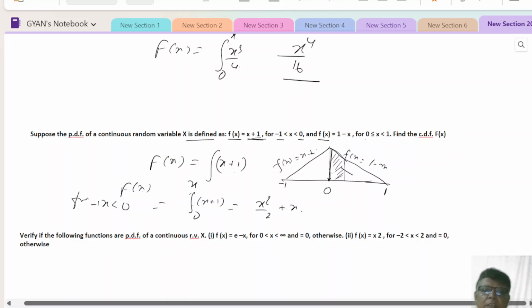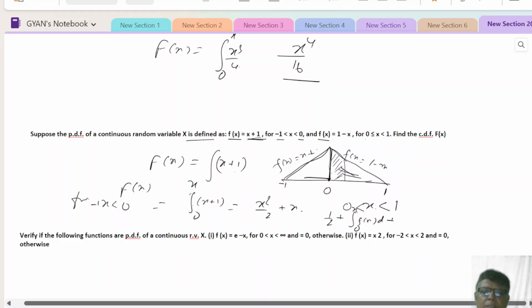And for this side, suppose x is between 0 and 1. So here this area is half. This area is half. So half plus the integral of f(x) from 0 to x.